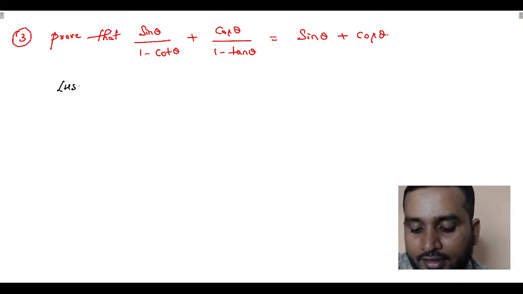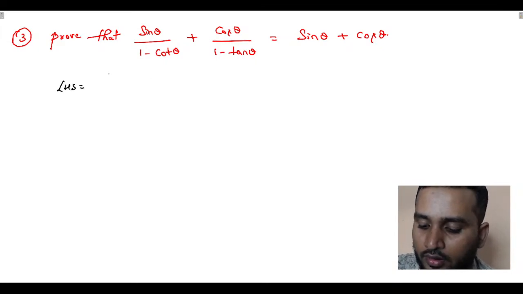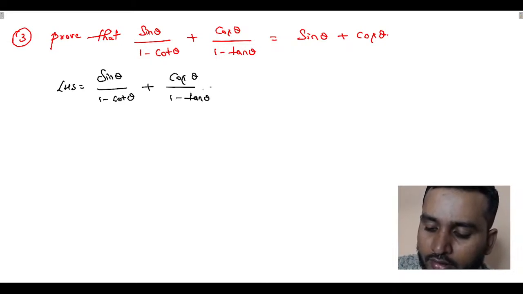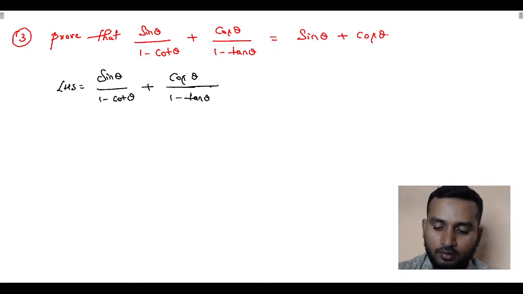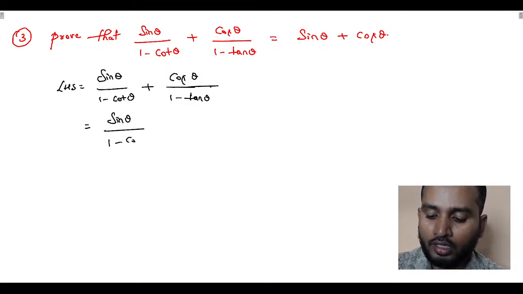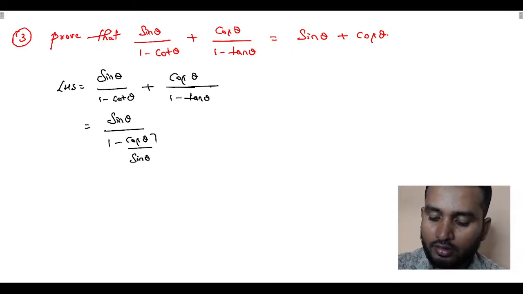What is LHS here? Observe here, the LHS is sin theta by 1 minus cot theta plus cos theta by 1 minus tan theta. Done. Now, sin theta, let me write as it is, divided by 1 minus cot theta, which can be written as cos theta by sin theta, correct.